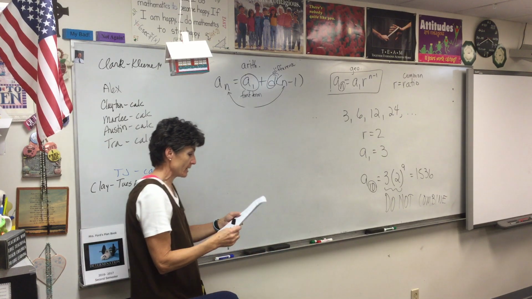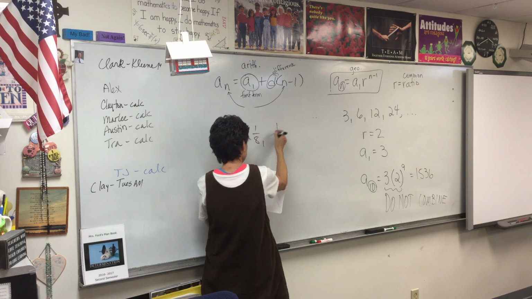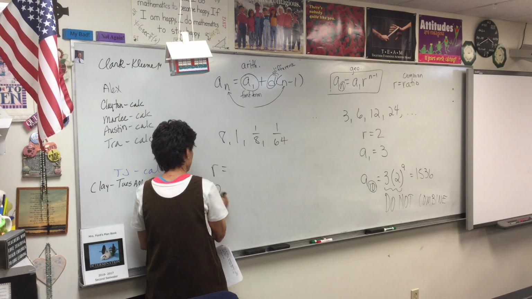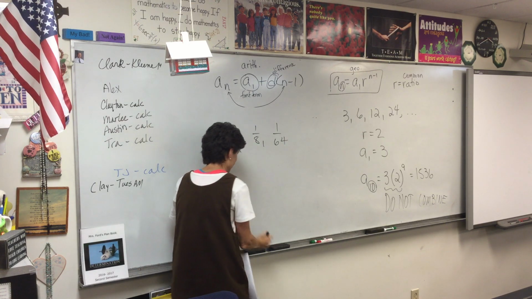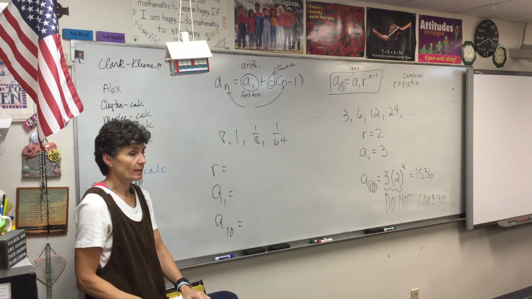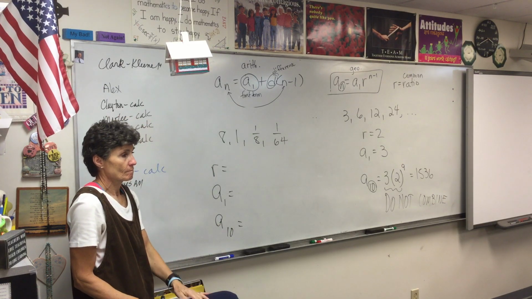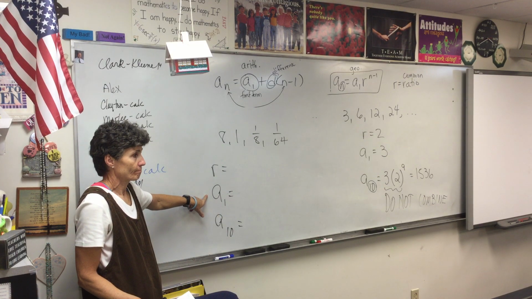Okay, let's look at the next one. What's going on here? The questions you need to answer are what's the ratio, what's the first term, and what is the 10th term? Here we go. What's the first term? 8.